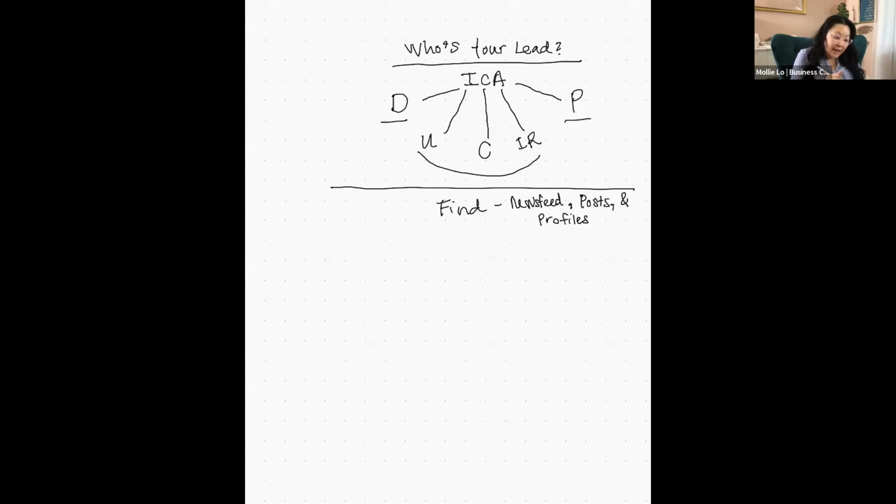So if we were to follow the same diagram here, okay, here's your ICA up here, okay. Now, somebody who is going to have the demographics that you're looking for, again, and this is what you are going to want to find, okay? Now, for those of you who want to work with women, you are going to look for pronouns. When you look at this person's profile, okay, because quite frankly, the most powerful thing about LinkedIn is its ability to pre-qualify leads.